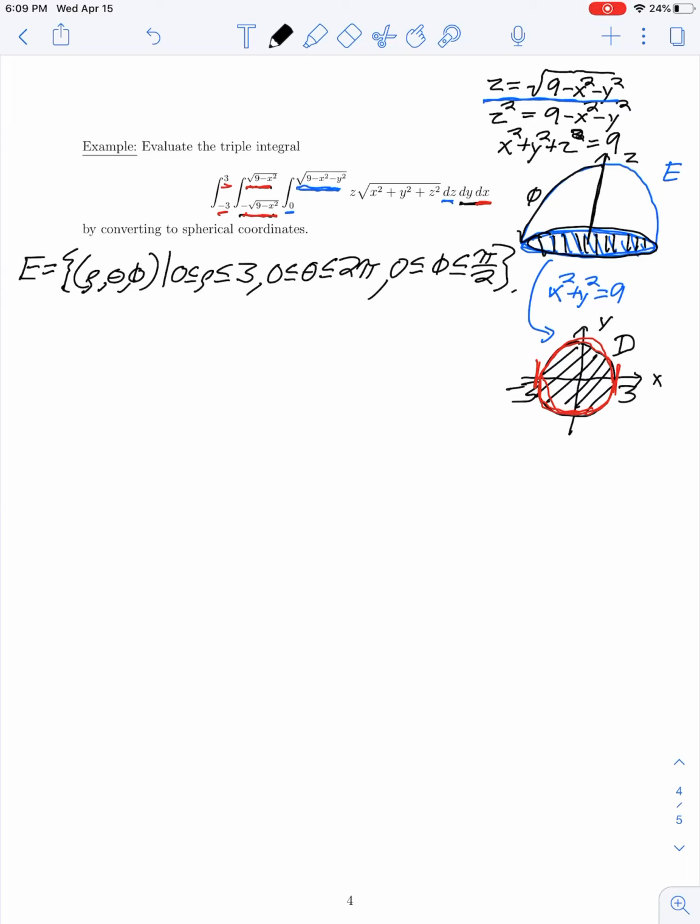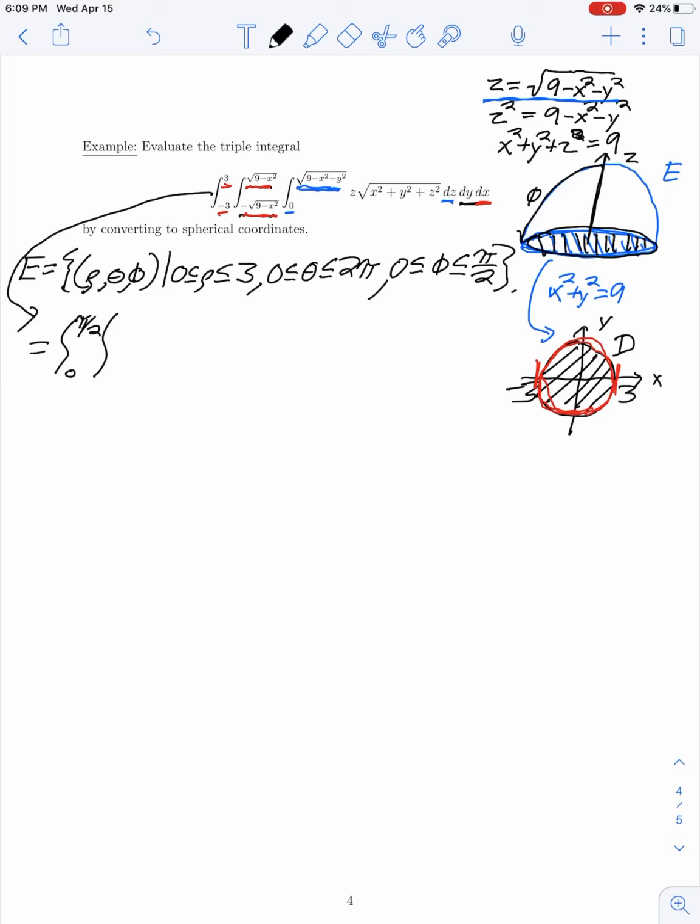So let's see if we can convert this iterated integral to an integral in terms of spherical coordinates. Here, I don't want to rewrite this full integral, but let's say this is equal to, starting with our outermost integral, in terms of phi, from 0 to pi over 2.